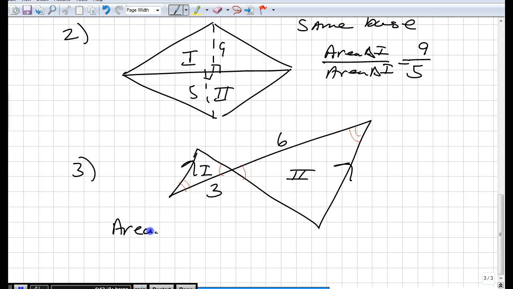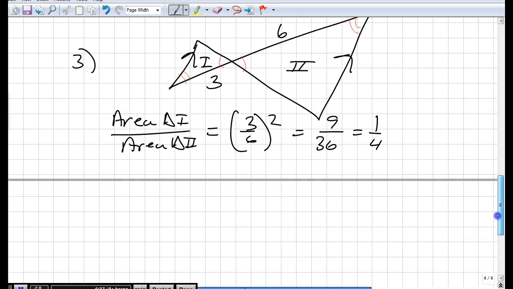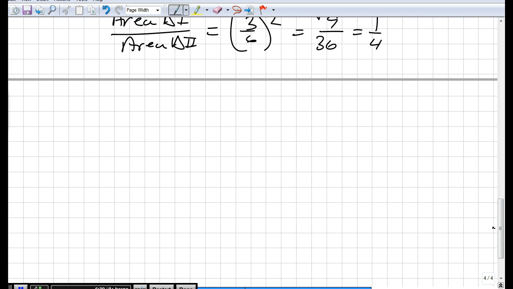So the ratio of the area of triangle 1 to the area of triangle 2 is, well, the scale factor is 3 to 6, but then we have to square that. So it's 9 to 36 or 1 to 4. That's when you're looking at triangles, you're looking for the same height, the same base, or similar triangles.